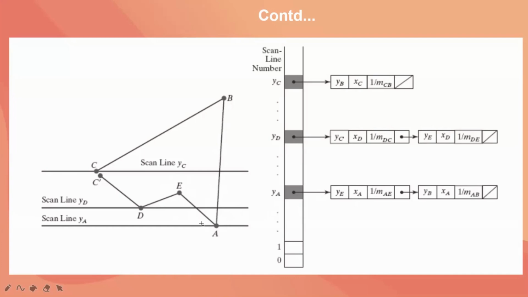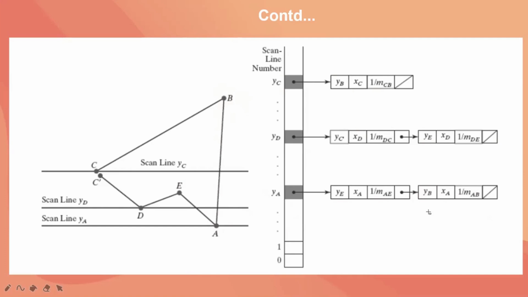Now I'm considering A to E. Next again I will consider A to B. For A to E, I'm writing here Y coordinate of E, then XA, then slope value will be 1 divided by M of AE. Then next it will connect, so A to B: for B, I have to write YB, then XA, then slope value 1 by M of AB. So this is the edge table of your YA.